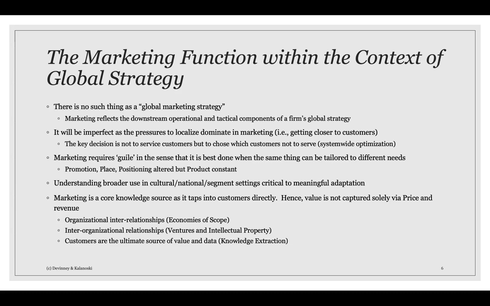But also, because you're doing things potentially in different ways, for example, disintermediating the value chain, you're more likely to engage in learning and knowledge sharing between organizational units when you have someone who's closer to the customer and someone who's closer to the production.